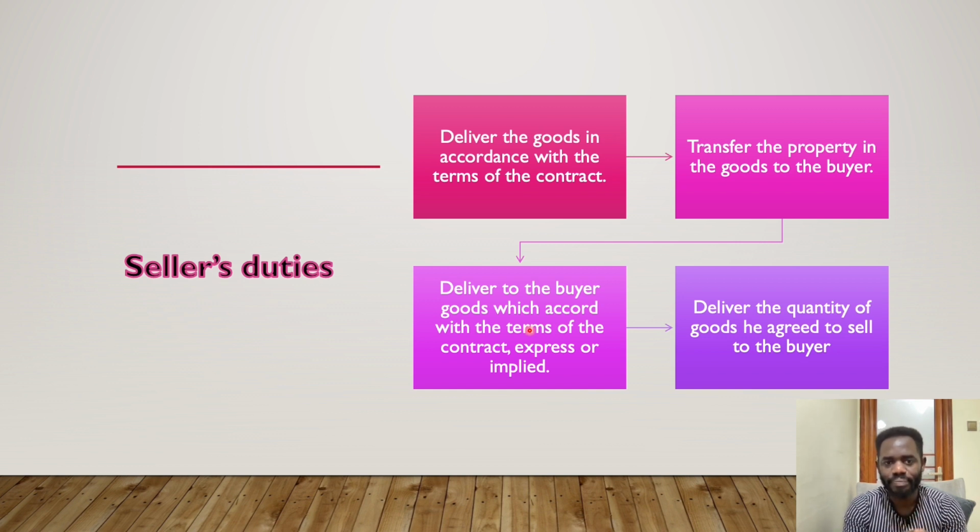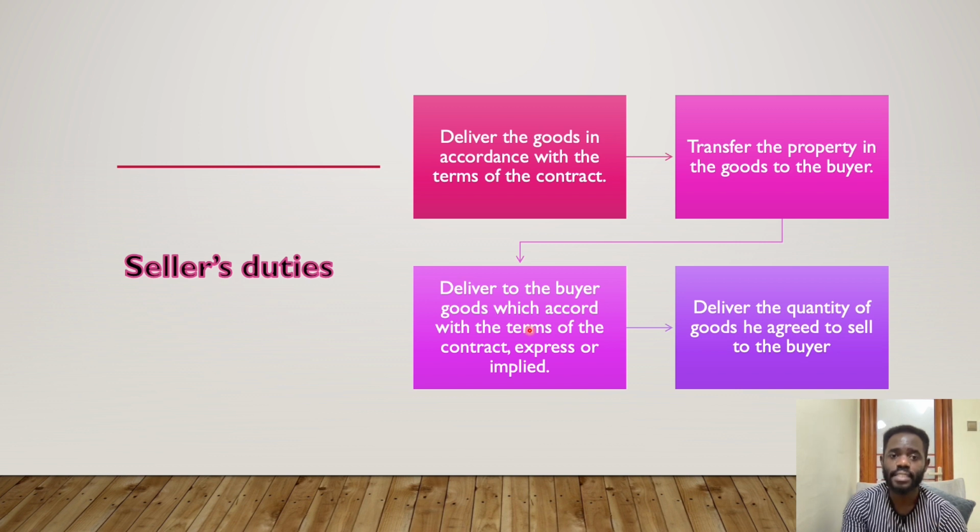Now, lastly, a seller has a duty to deliver the quantity of goods he agreed to sell to the buyer. Using the same example of Rogers and Linda, if Rogers, who is the seller, is supposed to deliver 60 boxes of water and each box must contain 24 bottles of water, then in that particular instance, not a single box should have fewer bottles than agreed.